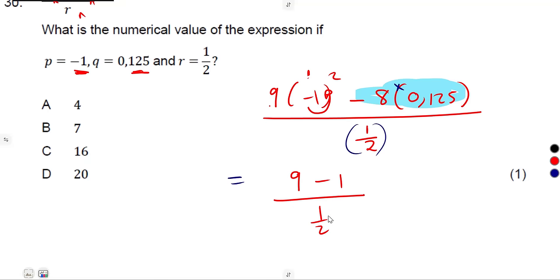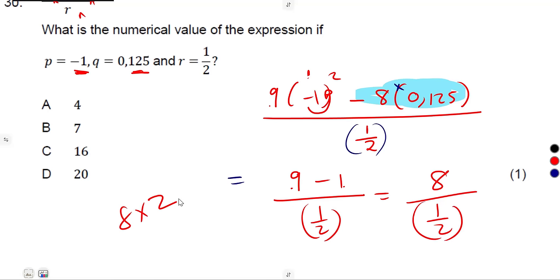Everything over 1 over 2. Okay, so that's it, guys. 9 minus 1, which is 8, over 1 over 2, which is simply 8 times 2. You're dividing, guys. The moment you multiply, remember, you invert the second fraction. So that was going to give us a 16 at the end, which is C.